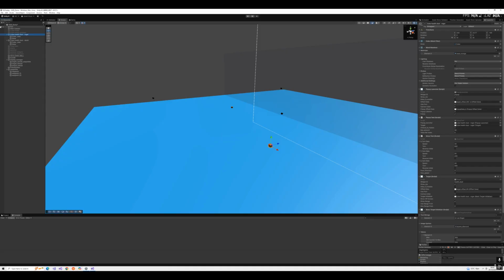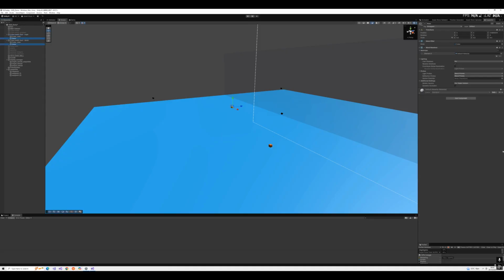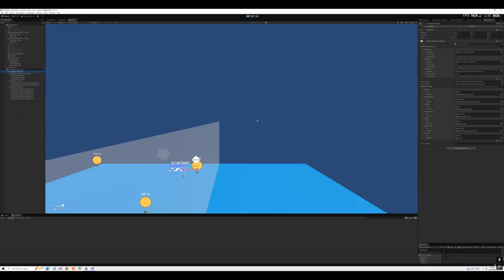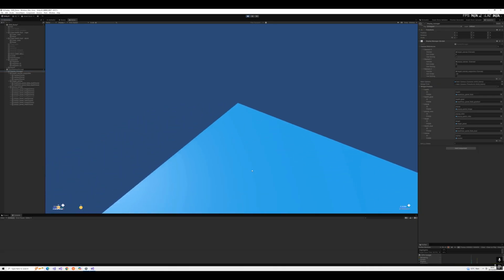Canvas index 1, oh sorry, these should be canvas index 1 for the pop-up. So now all the numbers are on canvas 1, which is the pop-up index here. So the numbers are all at the front always.